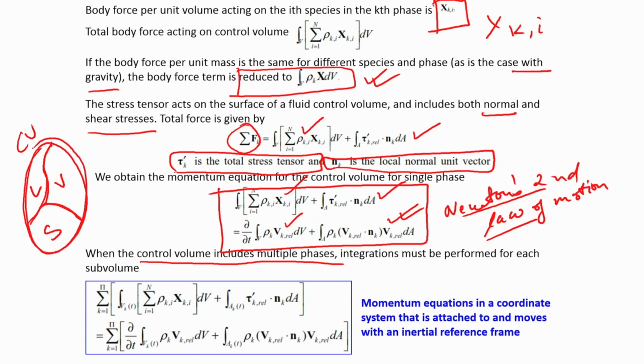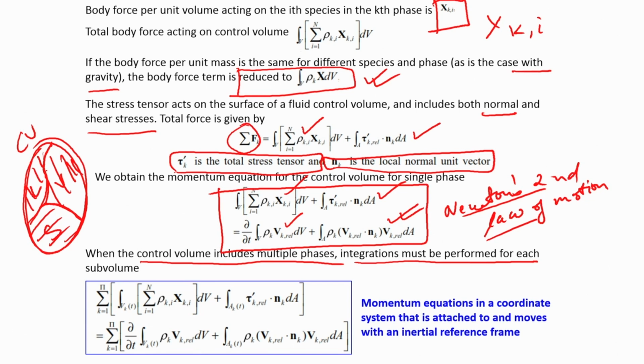If it contains multiple phases, then you need to perform this integral form for each of those sub volumes. If the phases are very well separated, you can have these as your sub volumes.